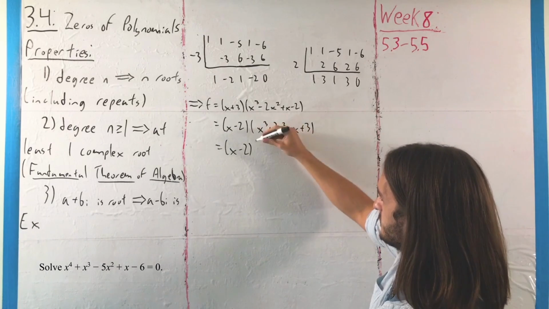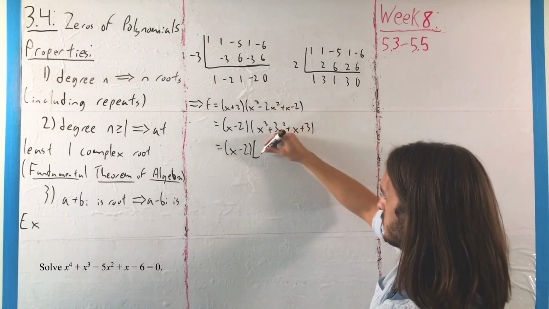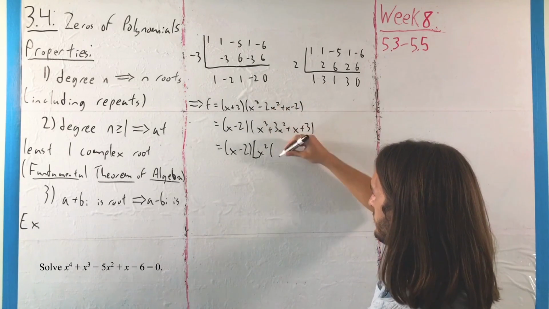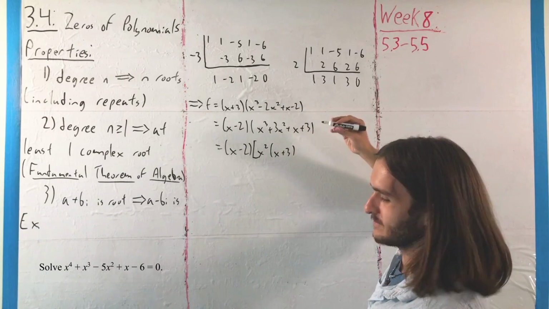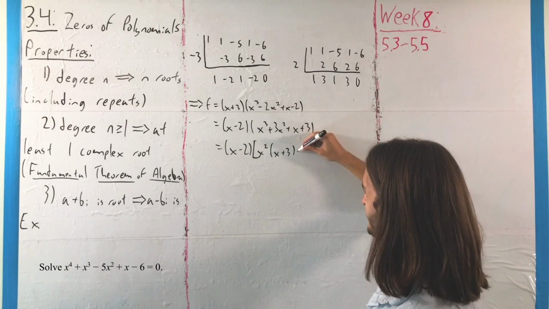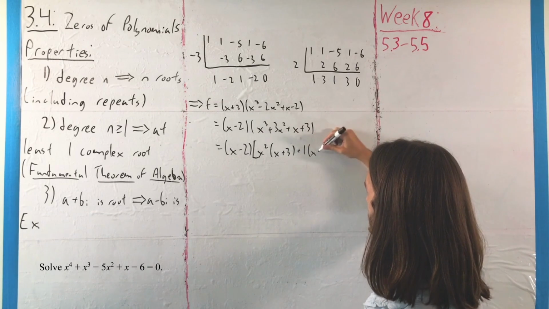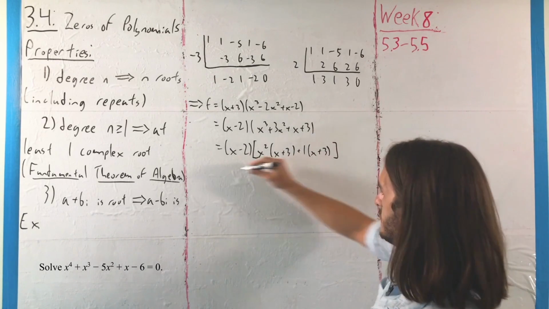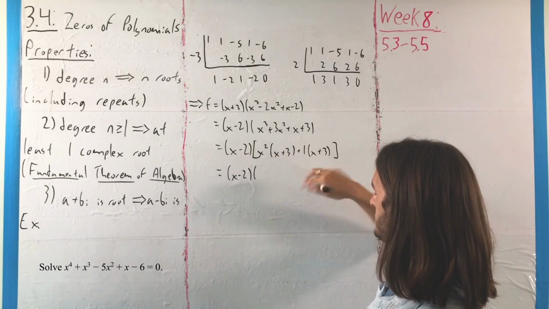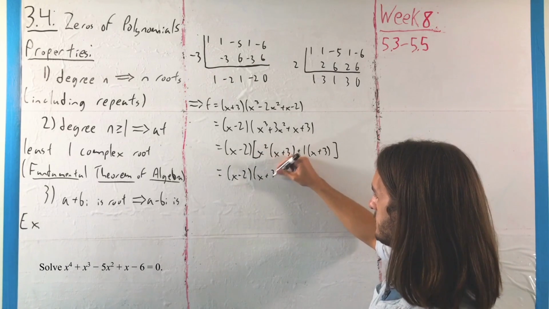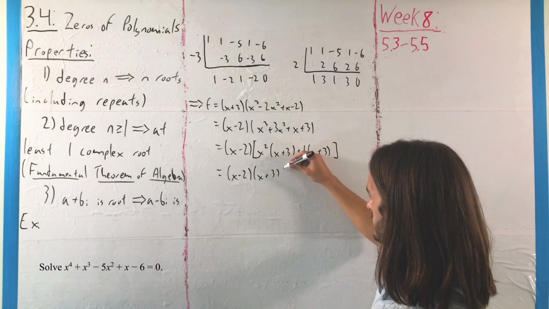That right here, we can pull out an x squared, and we'll have x squared times x plus 3. And then over here, I'm going to pull out a 1, just to make it clear what I'm doing, times x plus 3, and then we regroup as x minus 2 times x plus 3 times x squared plus 1.